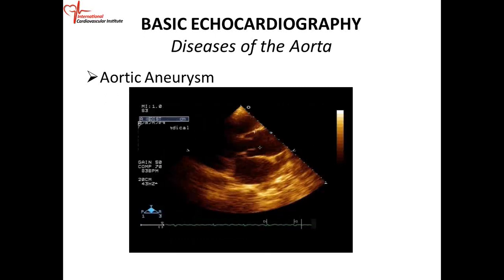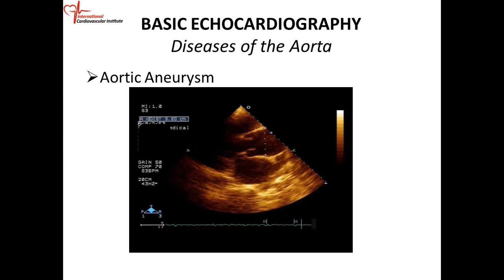So when you measure this root, you can see it measures large, and then you measure further down in the ascending aorta, and it's large. Remember, the upper limit of the aortic root is about 3.7 centimeters. So you have dilatation all the way from the root going up. Okay?